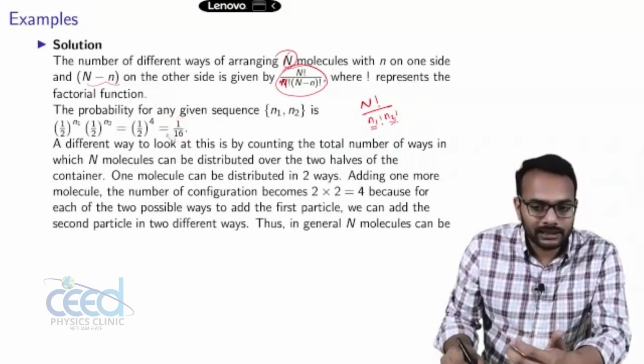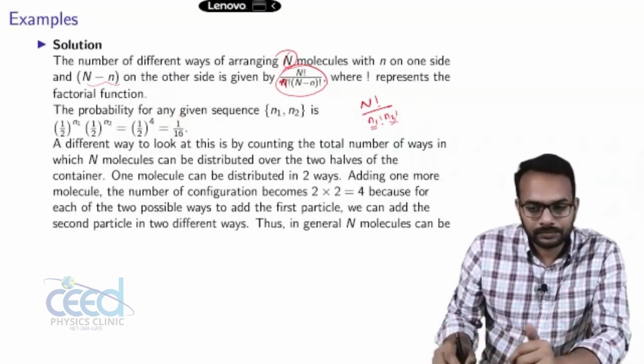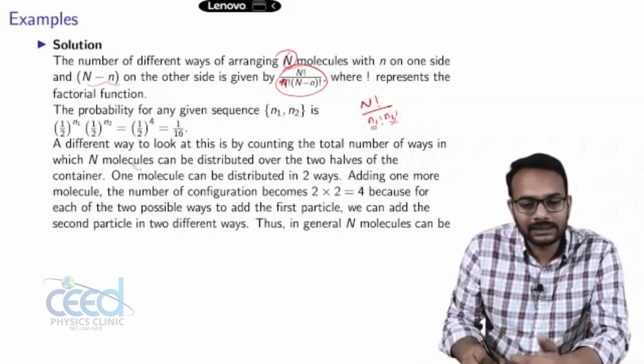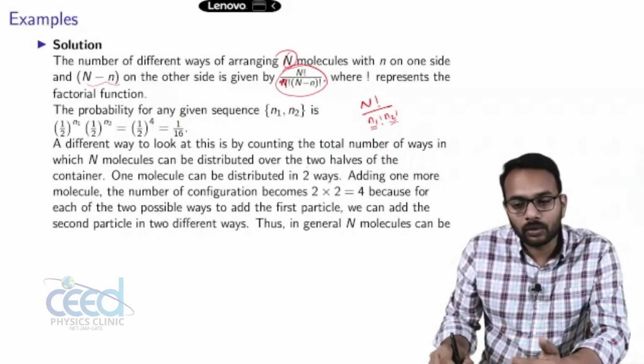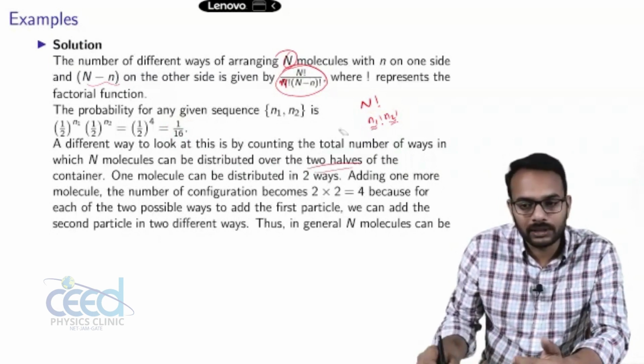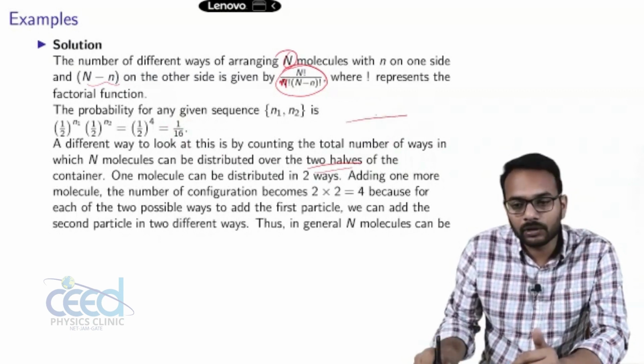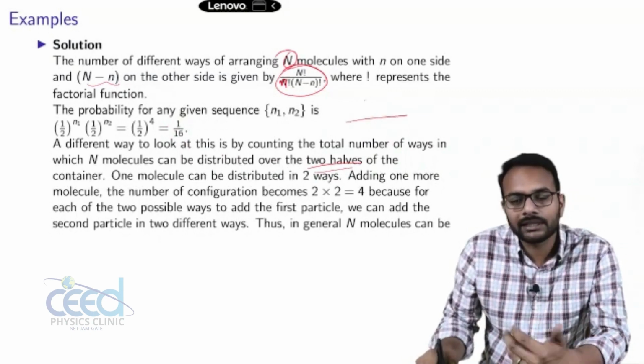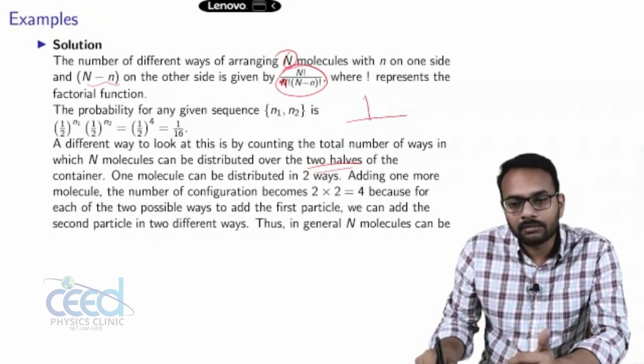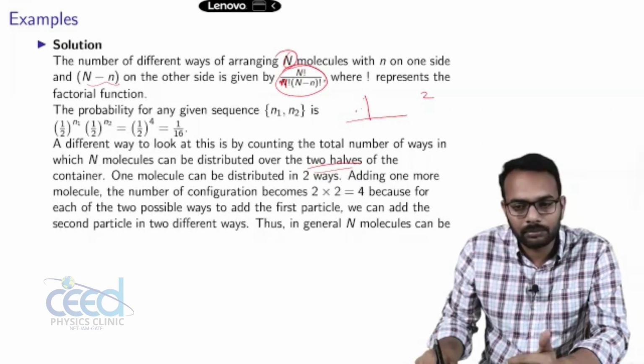Now another way to understand this is the total number of ways in which N molecules can be distributed over 2 halves. That is what actually gives us the probability. You'll see that there are 16 ways. How do we say this? Introduce the first molecule; these ways of thinking are important. There are two ways to do that: either we can put it here or here.